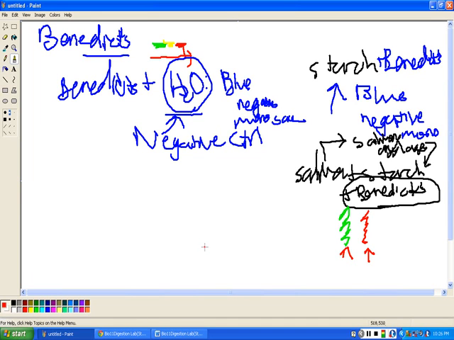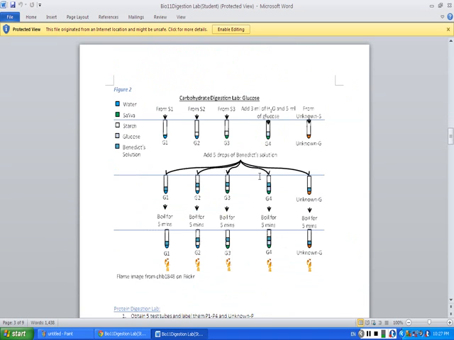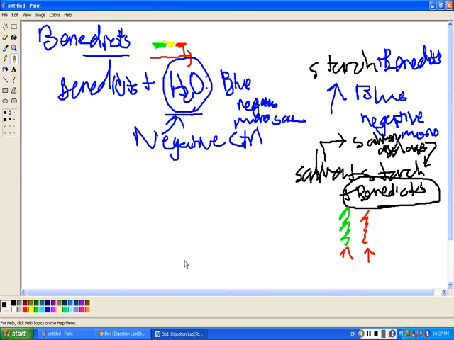So you might be asking, well, where's our positive control? Well, our positive control, as we can see, we did end up adding a fourth one here. We added some water and some glucose, and then boiled it.